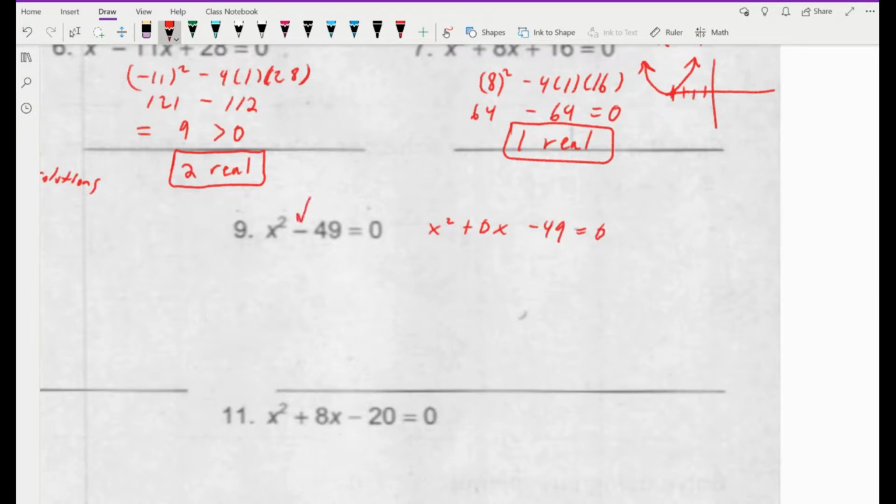There was no x term here, so I wrote it as 0x. 0 squared minus 4 times 1 times minus 49. We get 0 plus 196. 196 is greater than 0. We get 2 real solutions.